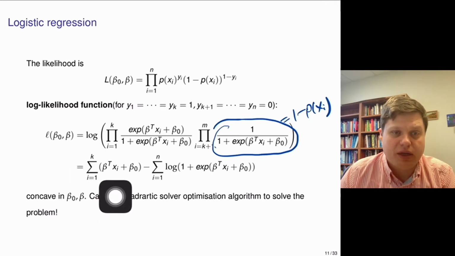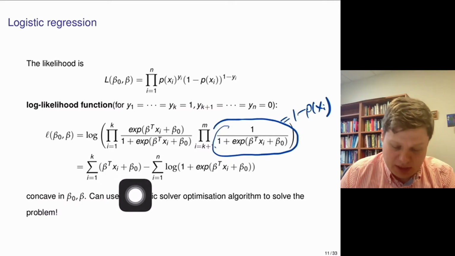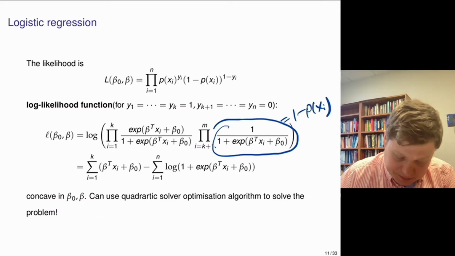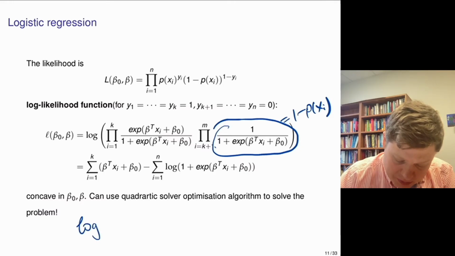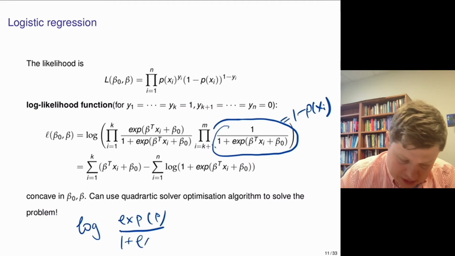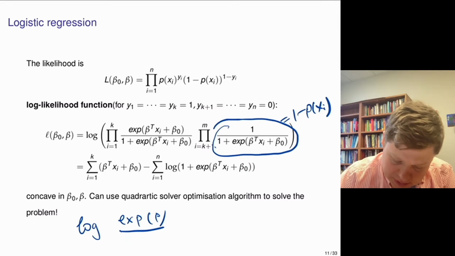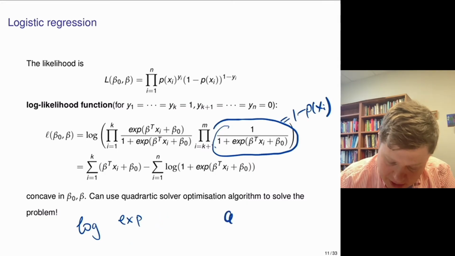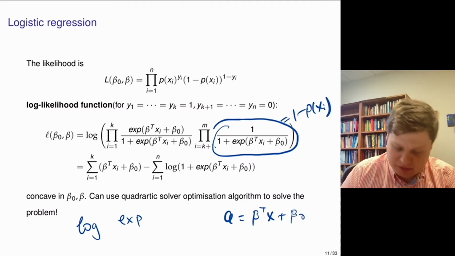So we have a sum over the first k terms, and we can try to expand it. So we have the log of the exponent of p divided by 1 plus, so let's not call it p actually, let's call it something else. I'm going to call it a. a is going to be beta transpose x plus beta 0, so our linear transformation of x.